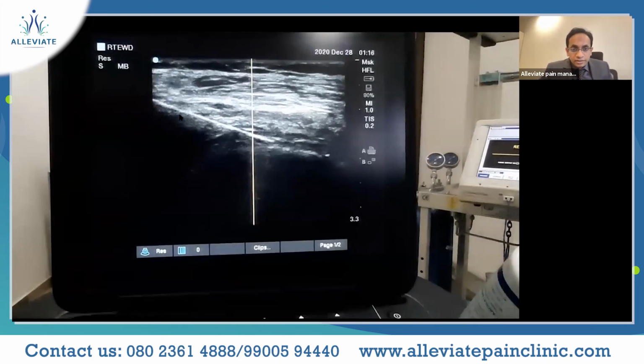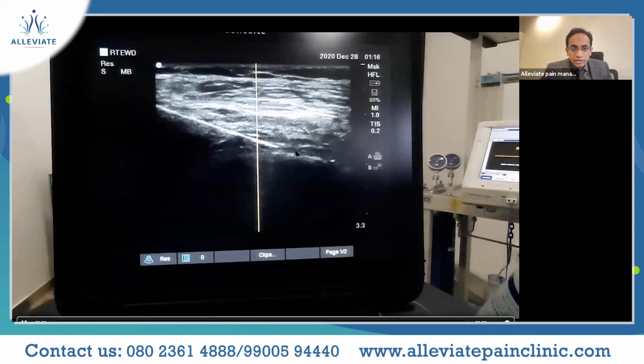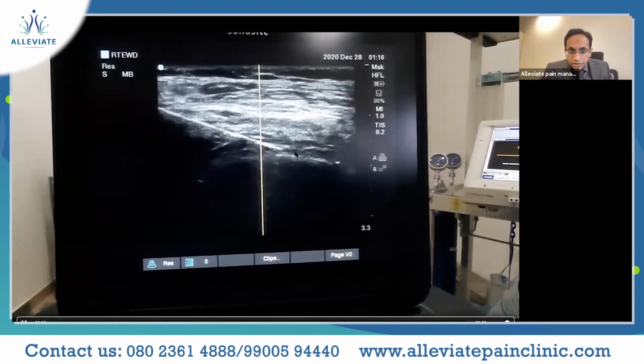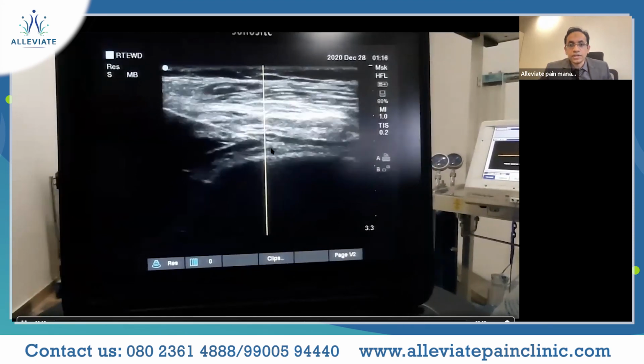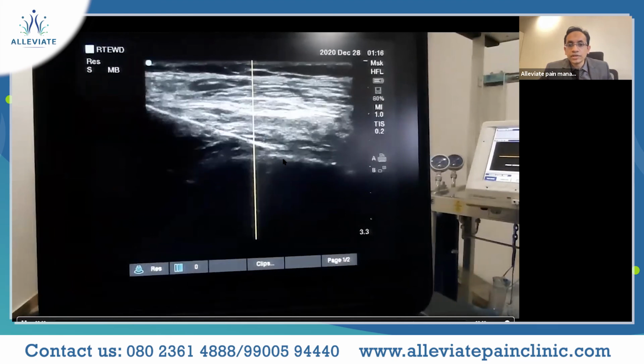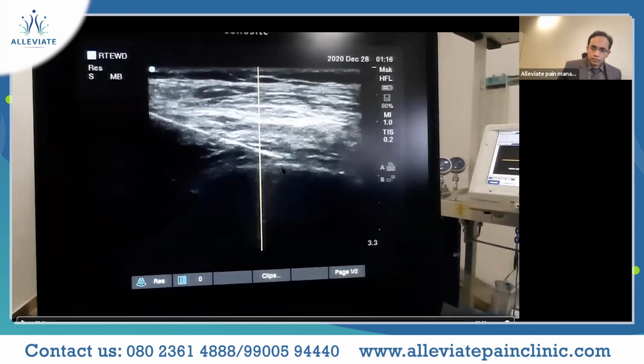So what we are seeing over here is the needle going down all the way. This pulsatile structure over here is the artery. So my needle is close to the artery over here, and radiofrequency ablation is going to be started. Why I'm showing you all these videos is to explain the sophistication of the procedures or the interventions that we do, wherein we are visualizing what we are doing.